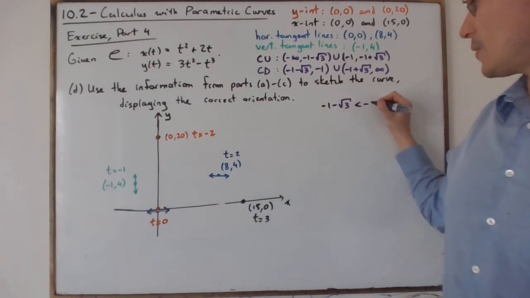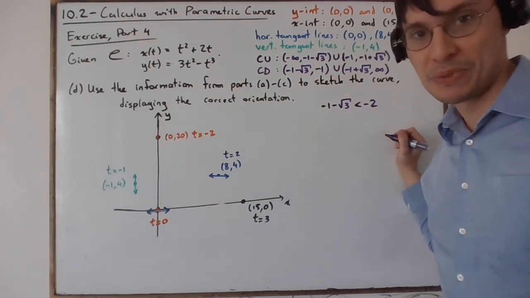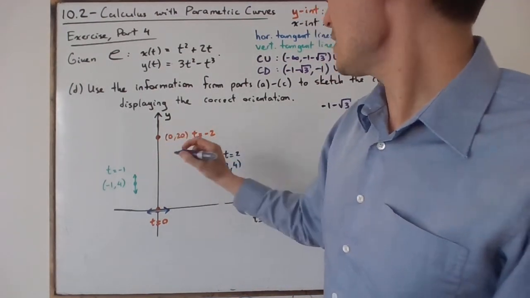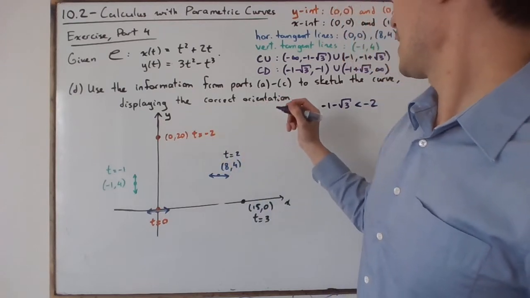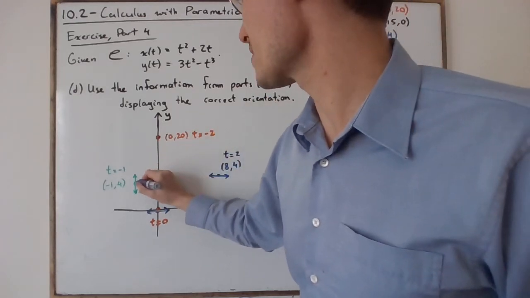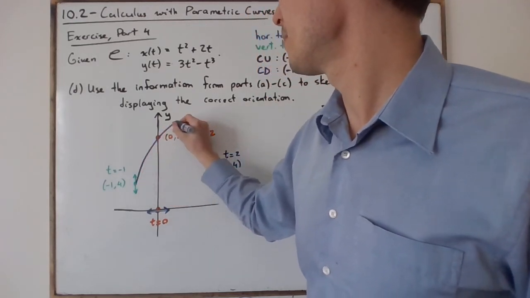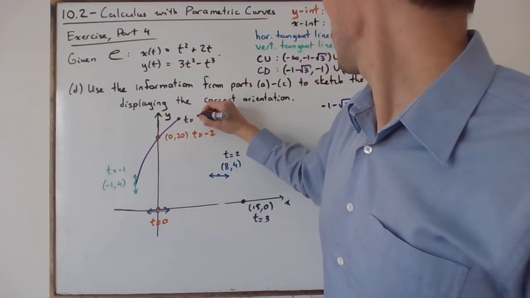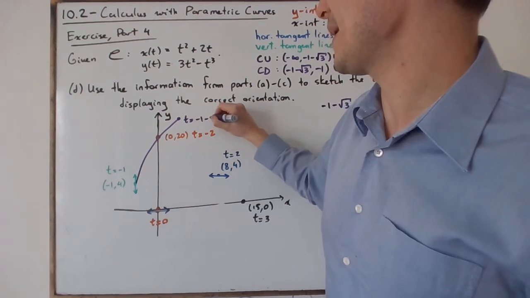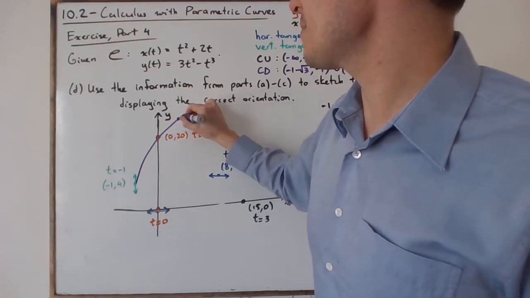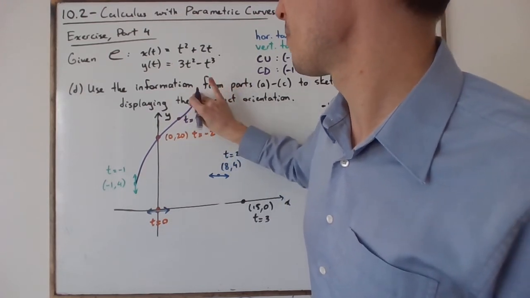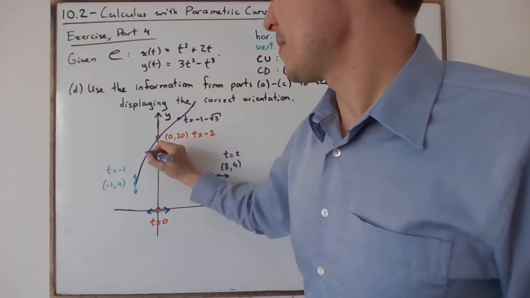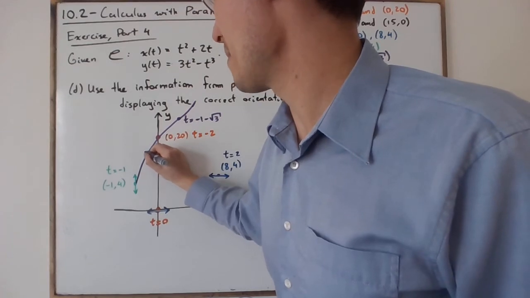What's important to know is that it's below -2, which means that it's going to be concave down like this. So it's going to be concave down here. But eventually, when t is equal to -1 minus root 3, it's going to become concave up. So it's going to go like this. The orientation is like this, remember?